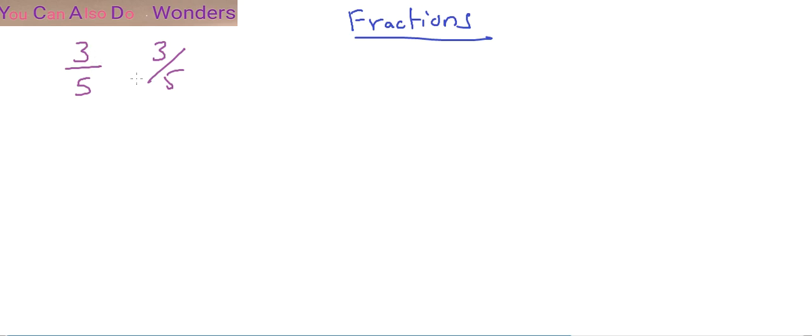The first one, the number on the top, is called the numerator. For example, say 3 by 10. Here 3 is called the numerator, and 10 is called the denominator.